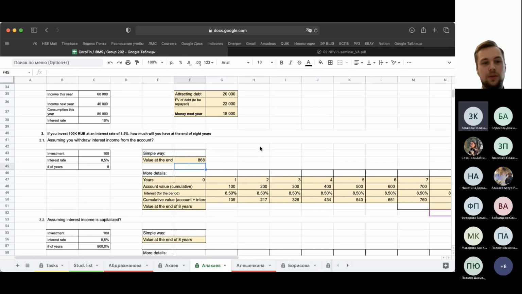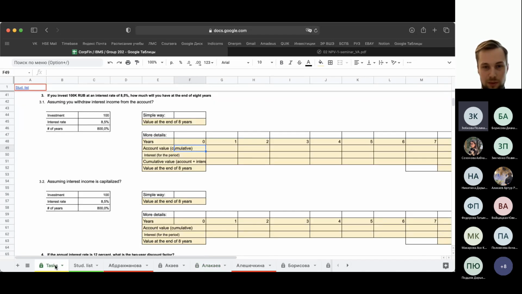So here we do not withdraw interest income from the account. And well, I can show it in more detail. Well, let me copy it from my own spreadsheet.